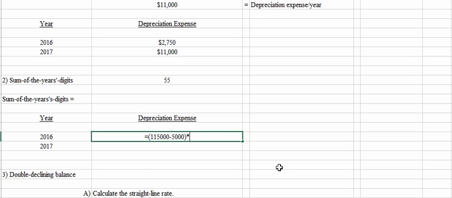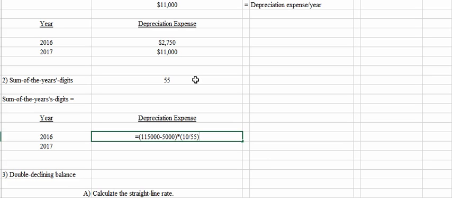Well, remember, the rate for year 1 would be 10 over 55, for year 2, 9 over 55, for year 3, 8 over 55, all the way down in year 10 it would be 1 over 55. So our rate that we're going to multiply by here is 10 divided by 55.